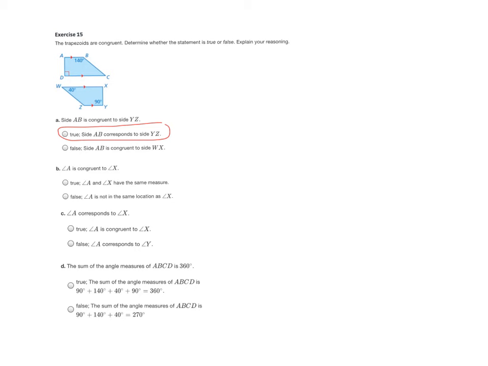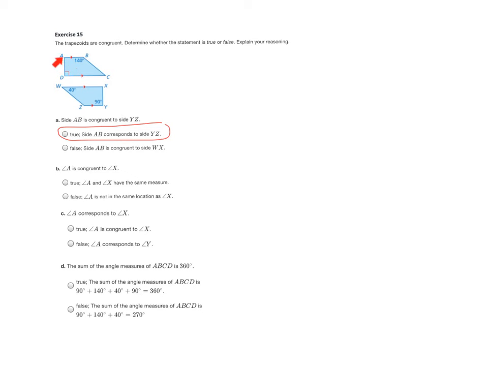B, is angle A, let me erase this quick. Is angle A congruent to angle X? Well, they're in different positions. So there's actually not enough information here to tell us. They're definitely not in the same location.